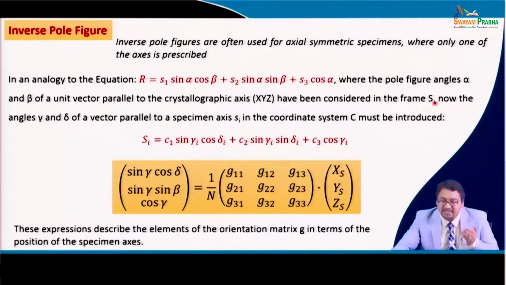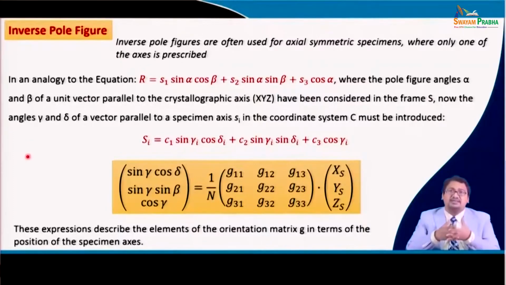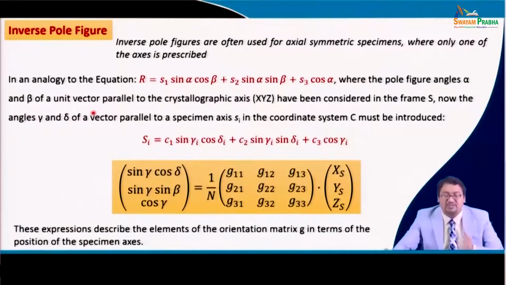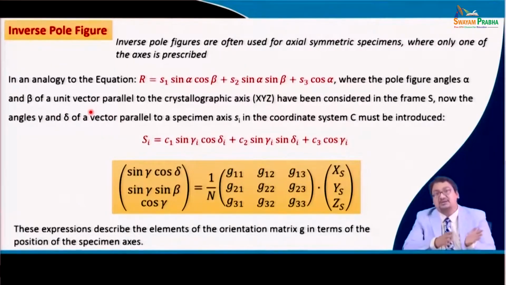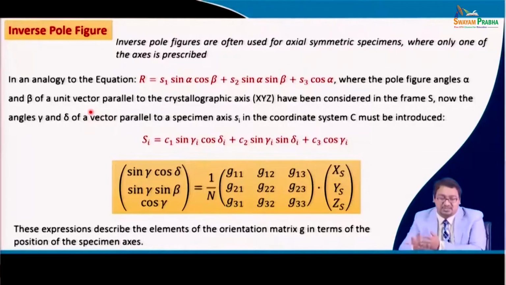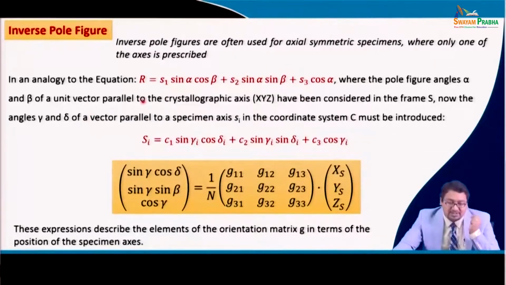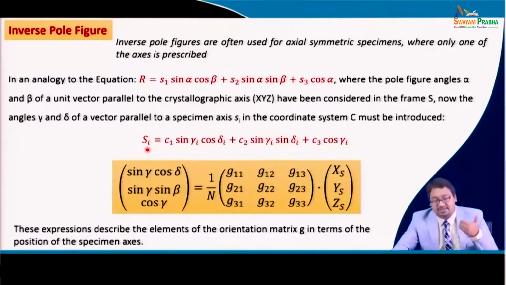And in the case of the inverse pole figure, one can use two angles, gamma and delta, in a similar manner for the vector of the specimen axis S1 with respect to the crystal coordinate system C. So, you see instead of R, you see S, the important sample reference direction.